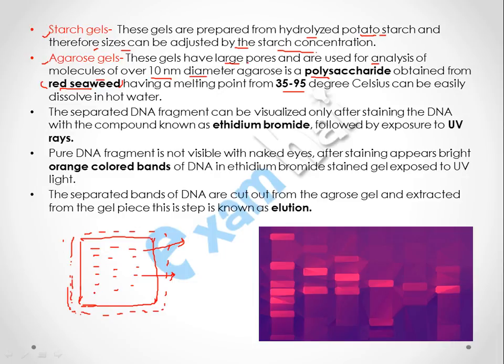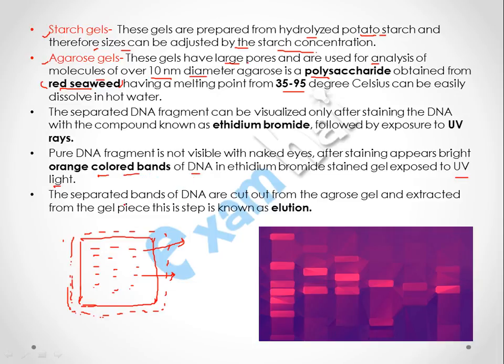We stain this gel inside the ethidium bromide stain, and after that these bands will appear when the gel is exposed to UV light. So after staining with ethidium bromide, the gel has to be exposed to UV light and the orange colored bands of DNA will appear.